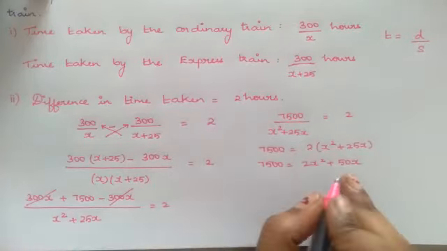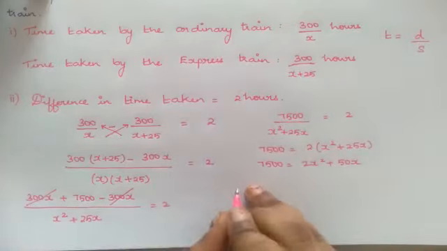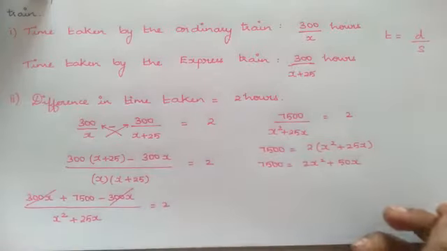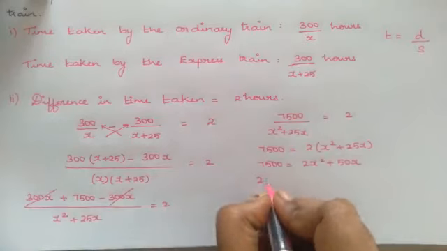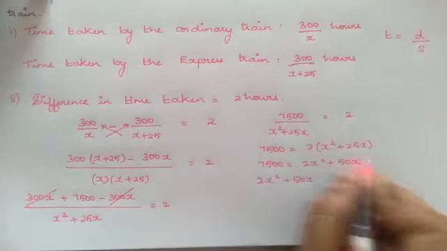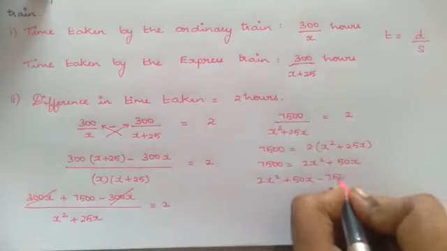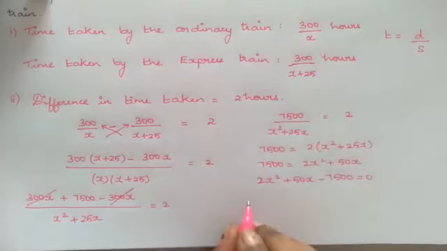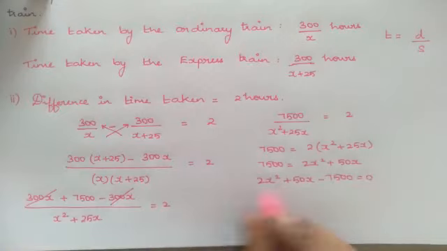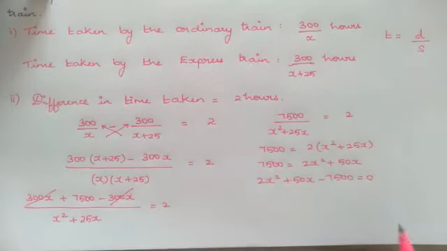Right. Now we are going to bring all the terms to one side. So let's take 7500, that side it goes as minus 7500. So this is 2x square plus 50x minus 7500 equal to 0. Since each coefficient and the constant of this equation are multiples of 2, let's divide the entire equation by 2.